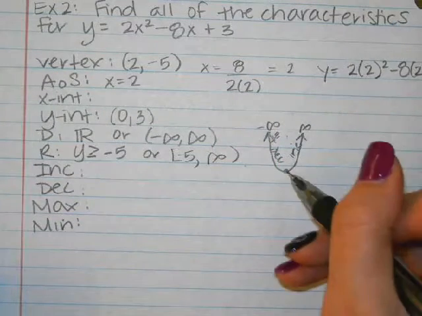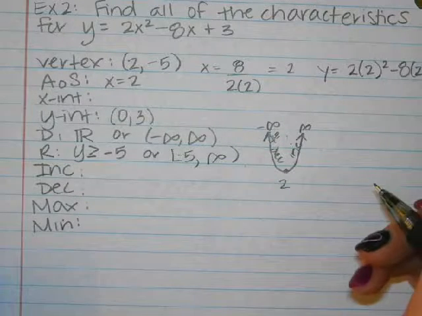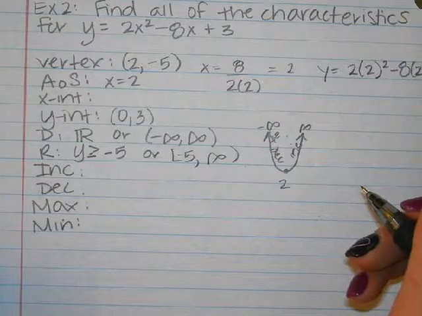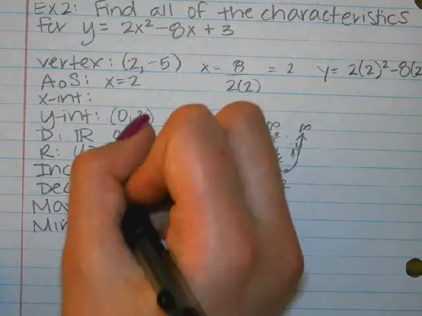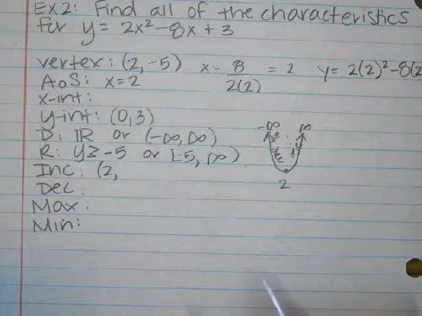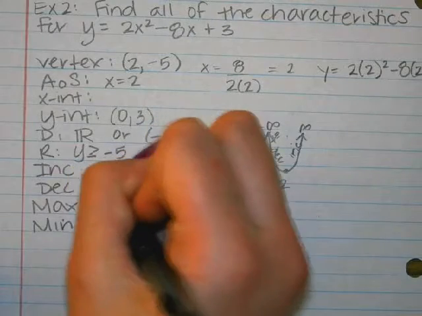And then what number do we put in the middle? 2, so we're using the x values. So what is our increasing interval? 2 to infinity. And what's our decreasing interval? Negative infinity to 2.